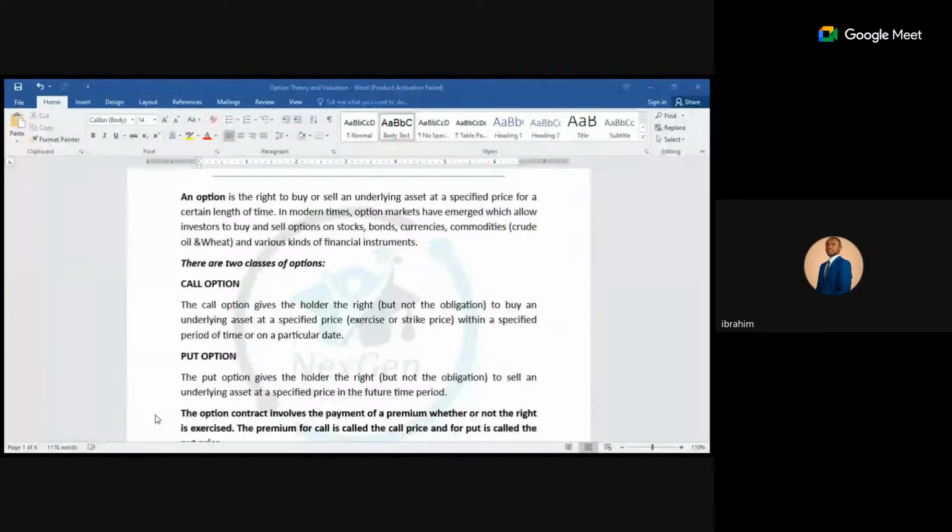That is the contract you are entering into with First Bank, and the exercise price is 5 naira. So it is none of your business whether the price increases or decreases, because you've already hedged.